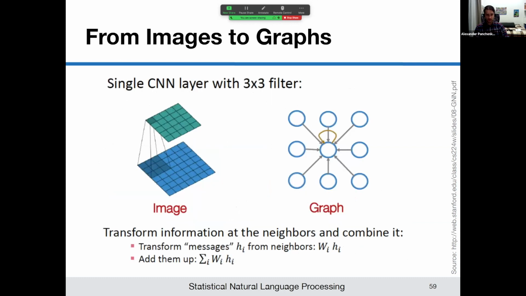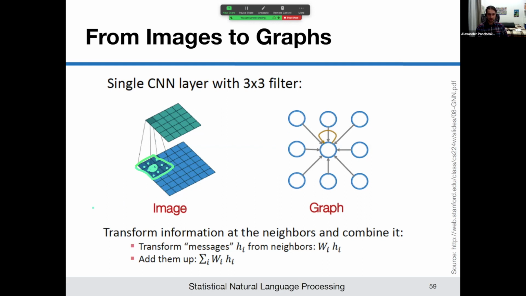So that is the idea, but the problem is that a graph is not as regular as an image or text. If you take an image, you have this grid structure, so the convolution operation used in convolutional networks uses these patches, and the feature of the central pixel is a convolution of the features of the pixels around.